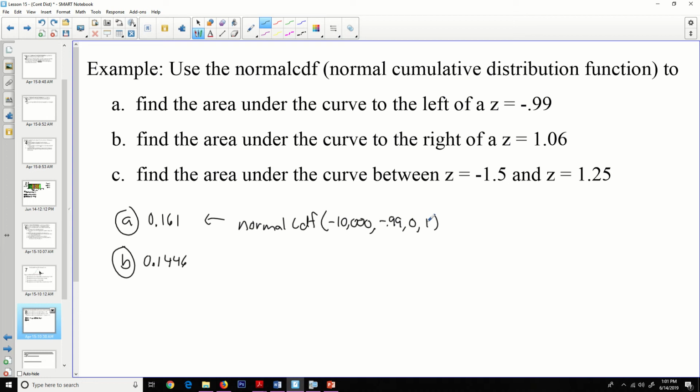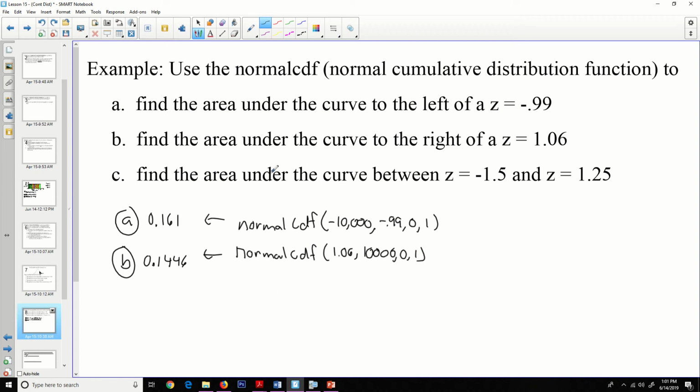So again, mean, standard deviation, and then your upper and lower limit. And for this one, it was normalCDF of 1.06, comma, 10,000. Again, lower and upper bound. And then comma, 0, comma, 1.